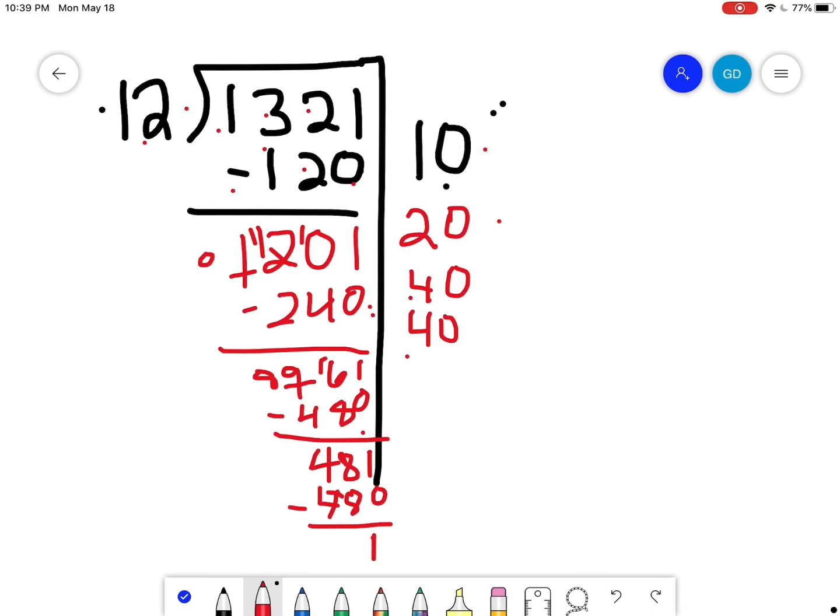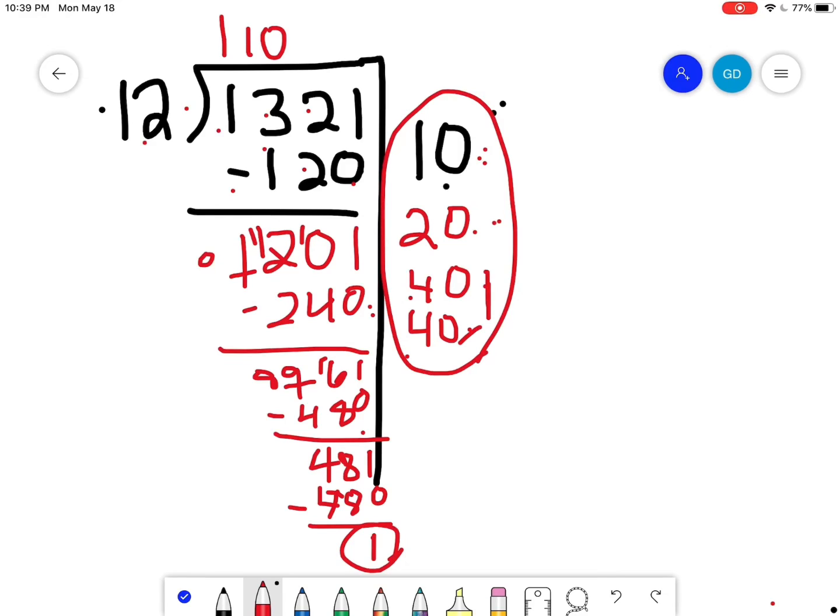All right, so we're kind of done, right? But now we have to look at what we took out of our number. We took a 10, a 20, a 40, and a 40. So if I add that all up together, that's 80, that's 100, 110. And then I have my remainder of 1 left. And that's the answer to that problem.